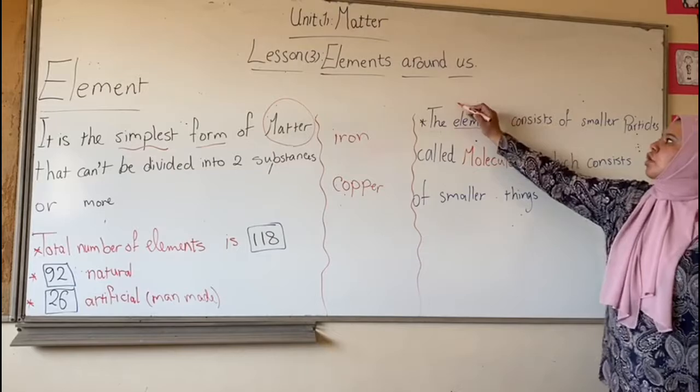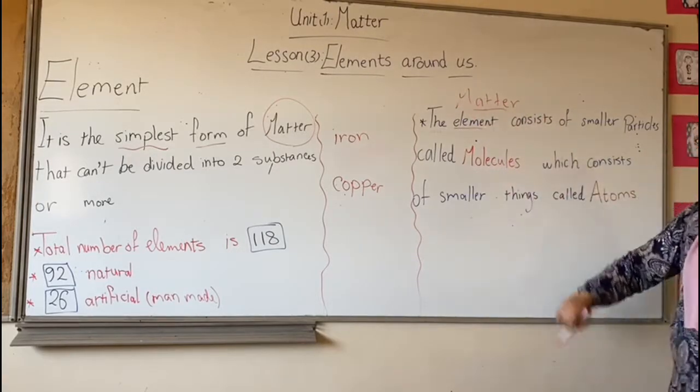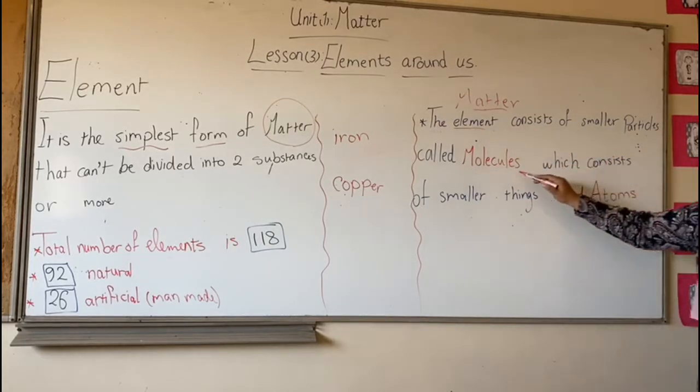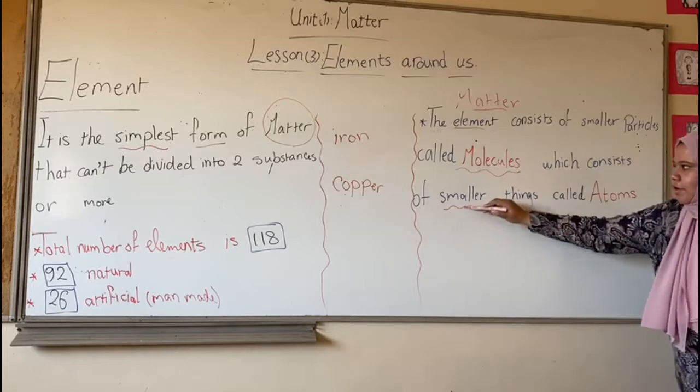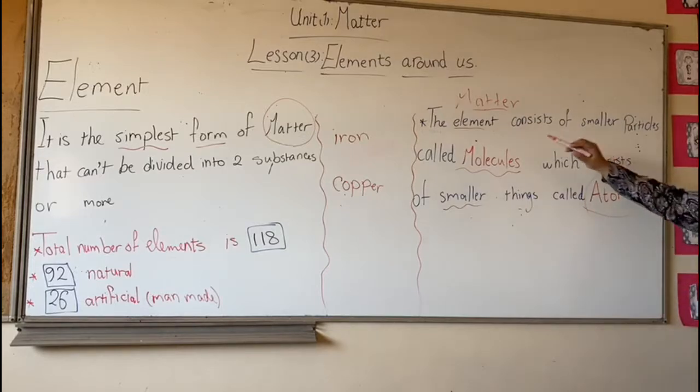So the element consists of smaller particles called molecules, and the molecules consist of smaller things called atoms.